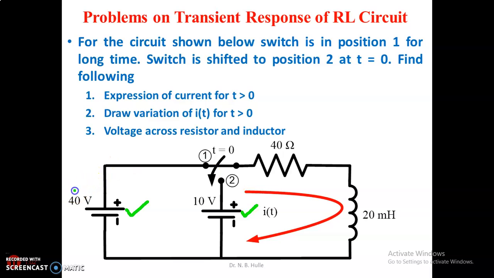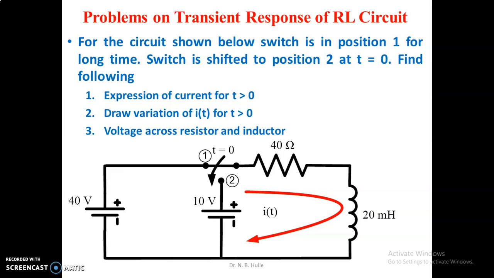Here, applied voltage before switching is 40 volt and after switching is 10 volt, which means the voltage after switching is less than before. So the circuit behaves similar to the source free circuit with certain conditions. Those I will discuss with the variation of i of t for t greater than 0.